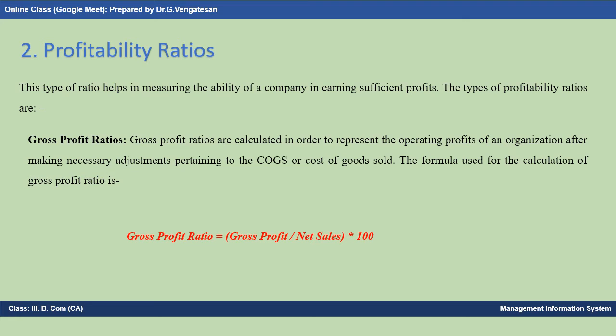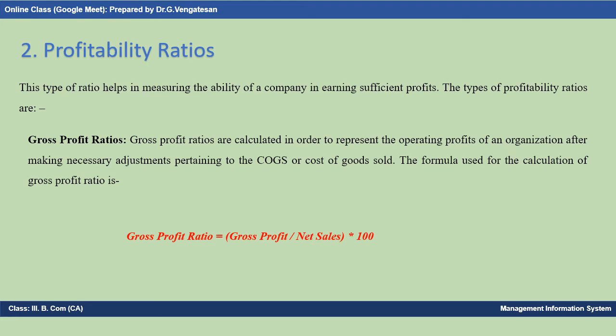It is related to the income and the profit of the organization. A firm's profitability is related to both sales and investment. Profitability deals with the profitability ratio in relation to sales and in relation to investment.